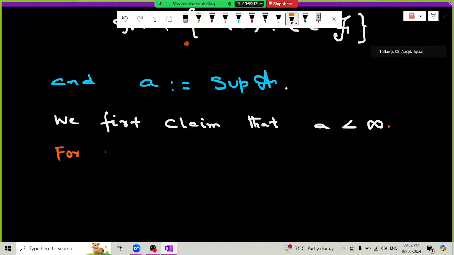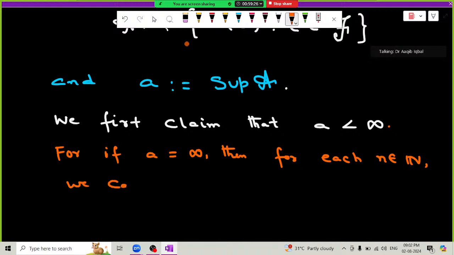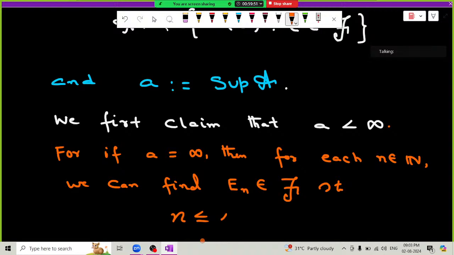For if little a is equal to infinity, then क्या होगा फिर, then for each n in the set of natural numbers we can find an e sub n in fancy F such that n is less or equal to mu of e sub n.